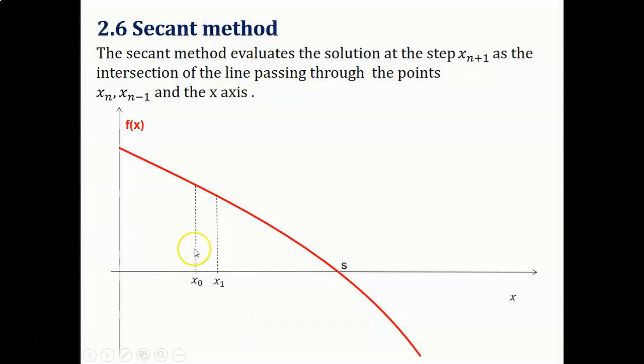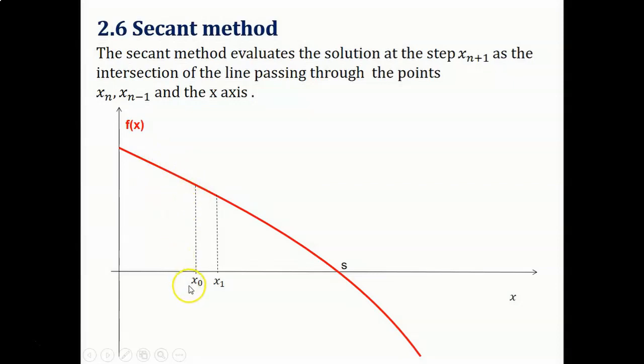Now, remember the Newton method. For constructing the first point, we were taking the line that is tangent to the function at the point x0. The secant method constructs an approximation to the tangent at the point x0.